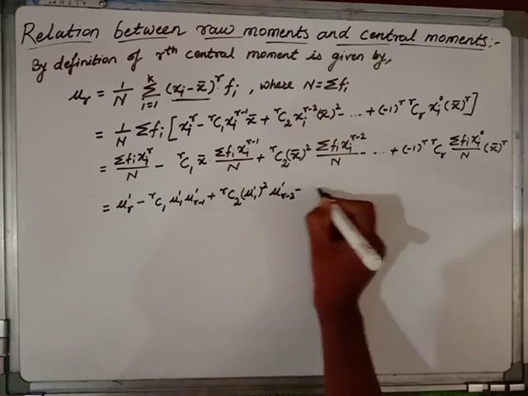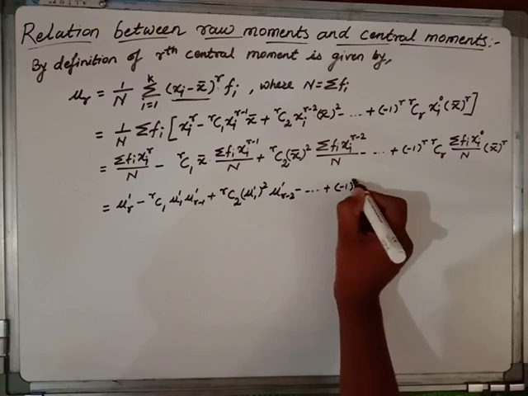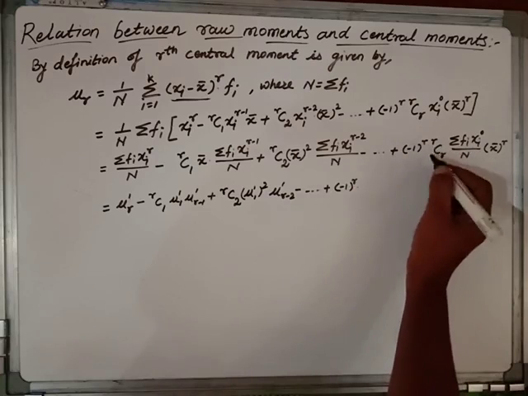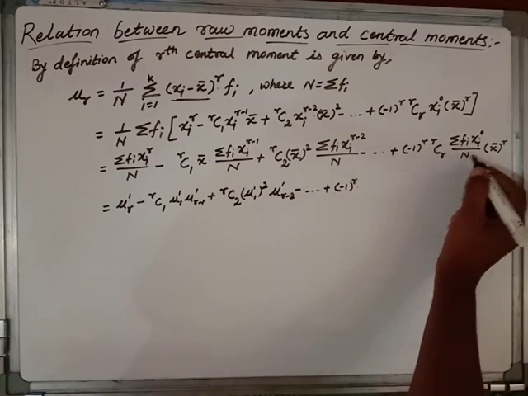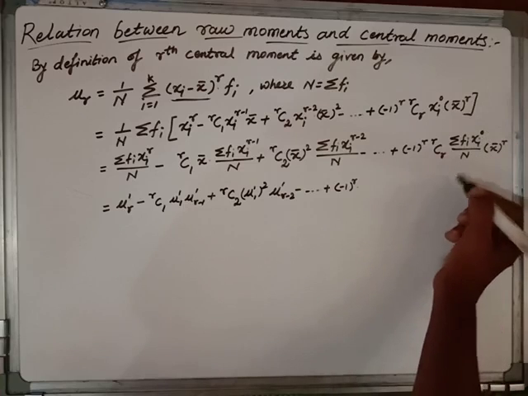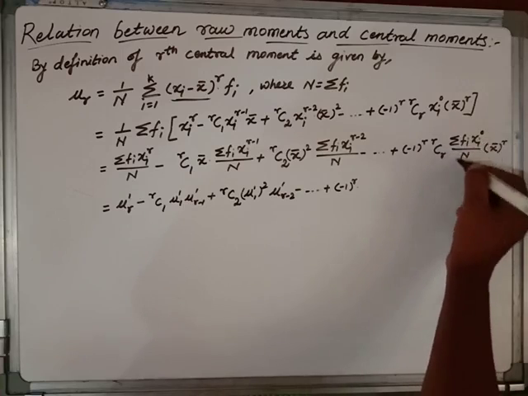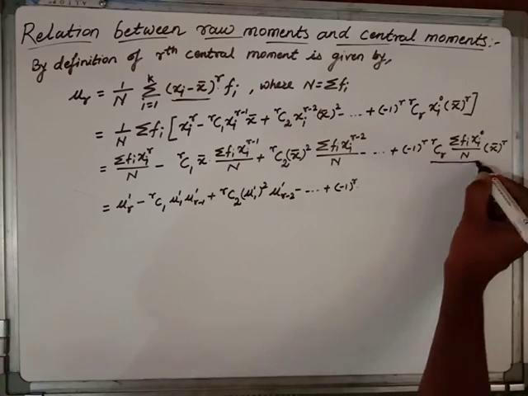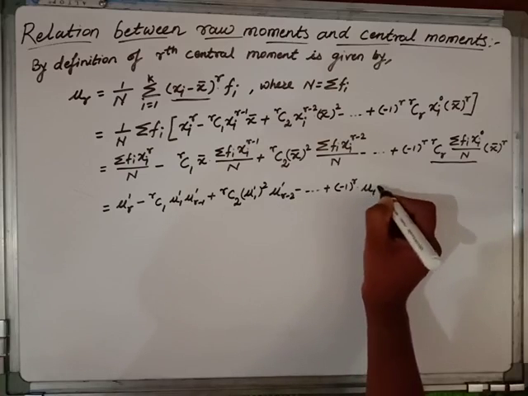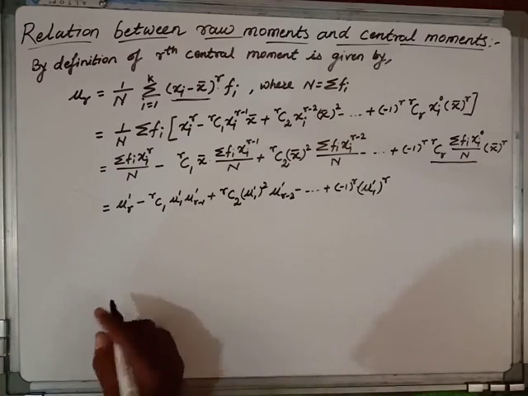Fine. Minus dot dot dot plus minus 1 raised to r into rcr, that is 1. And what about this part? xi raised to 0 means 1, and summation fi is capital N, and this is also capital N, so this whole term will give us 1. X bar raised to r means mu1 dash raised to r.